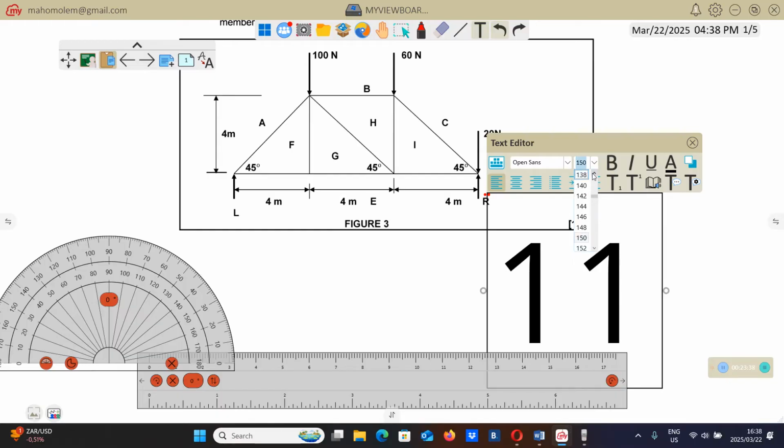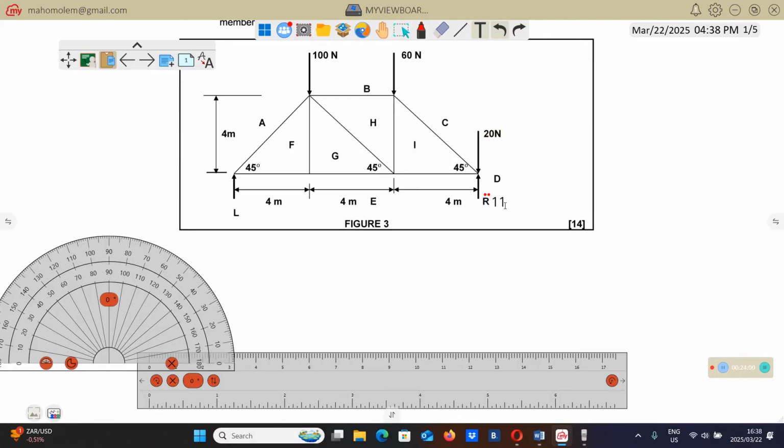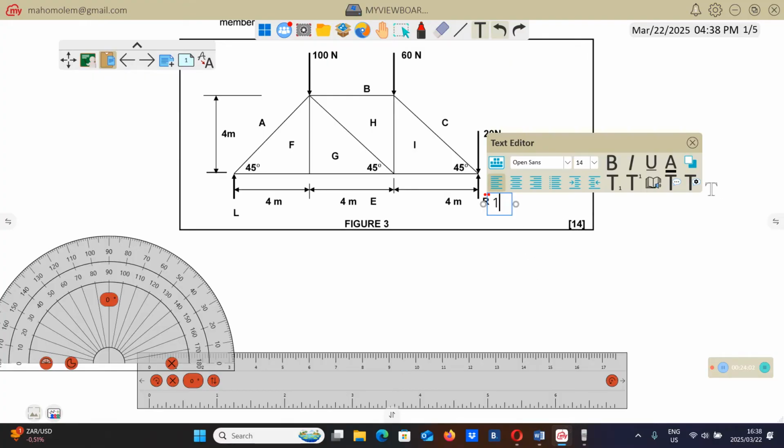Yeah, I want to put 15 here, but it's doing its own thing. Okay, 93.3 kN.